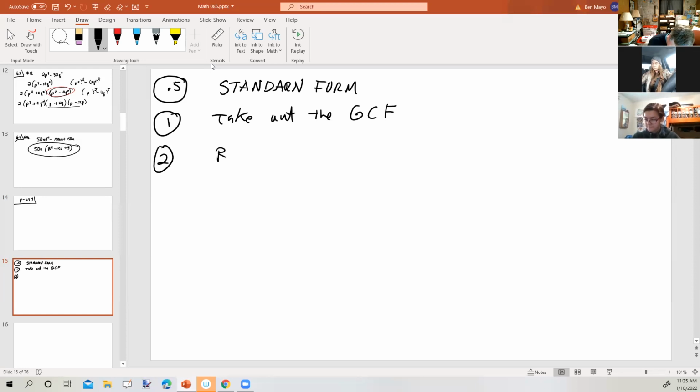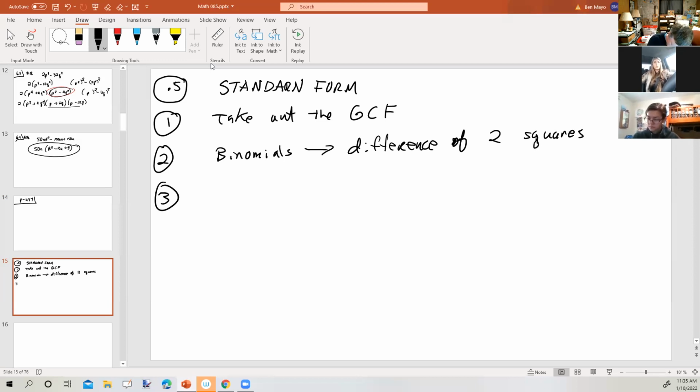Step 2 is binomials. Look for the difference of two squares.